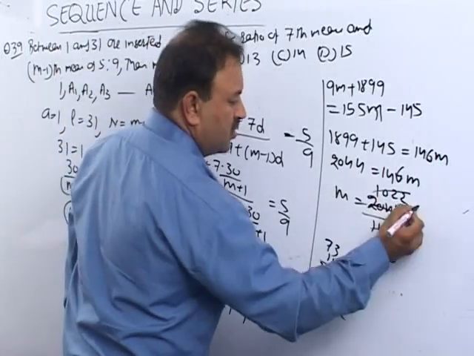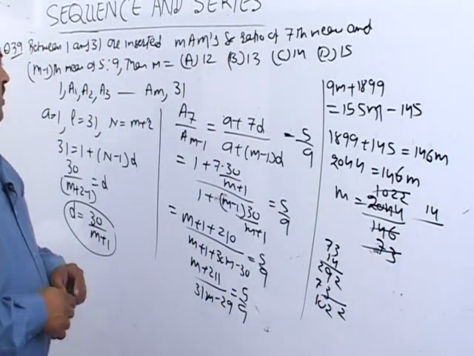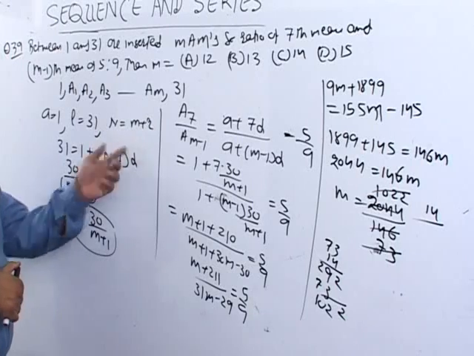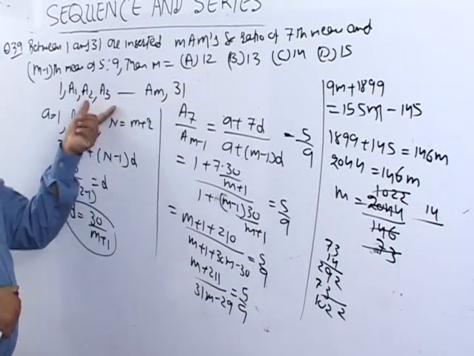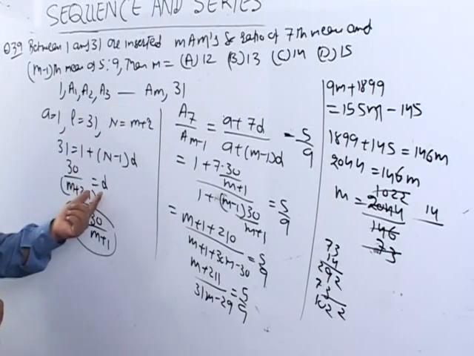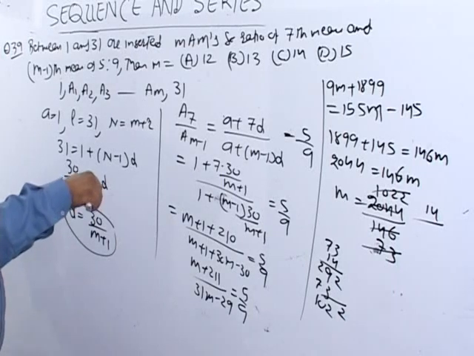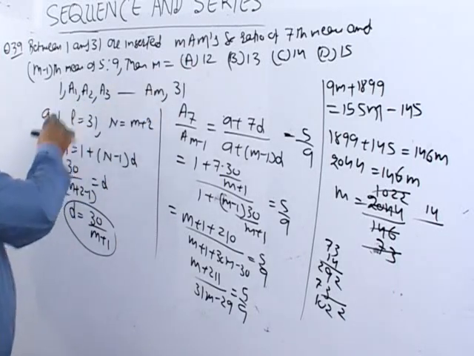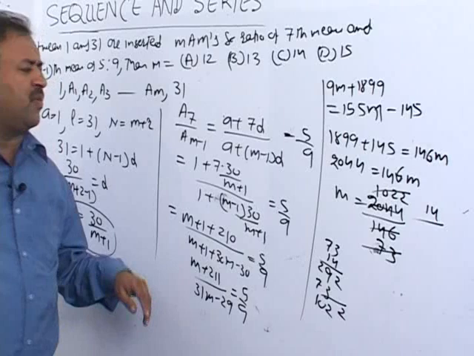So 73 into this one will give 14. Once again, look at the solution. I find the first term, I find the last term, I find the number of terms. Number of terms are m plus 2. Now I have got d. d is 30 upon m plus 1. We are given in the question the ratio of the seventh mean to the m minus 1 mean, that is a7 upon a plus m minus 1 d, equal to 5 upon 9.